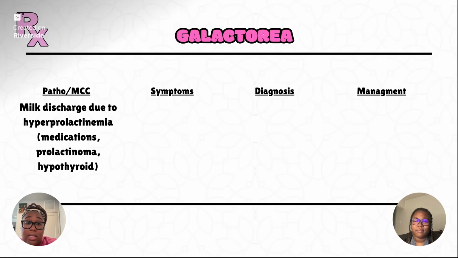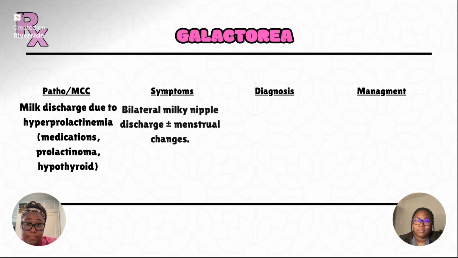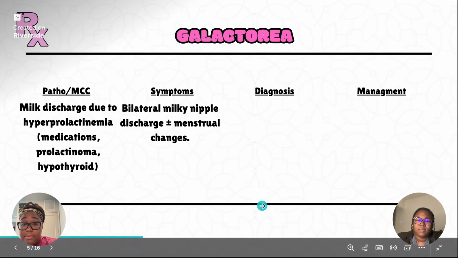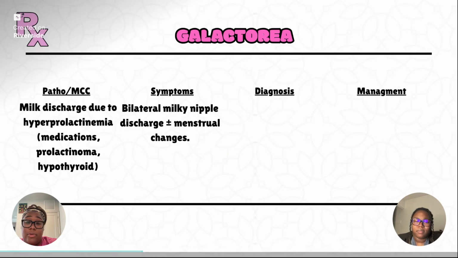Medications are a common cause, as are a prolactinoma, which is that benign tumor, and hypothyroidism. Signs and symptoms are bilateral milky nipple discharge, and you can have associated menstrual changes or they may not be present.